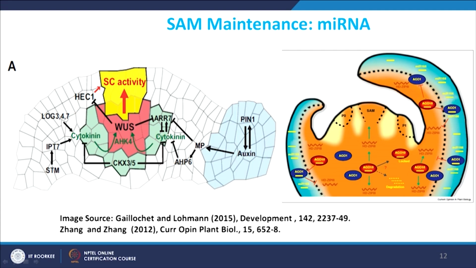Towards the adaxial side, it has a high amount of HD-ZIP and a low amount of microRNA. So even the gradient or the amount of microRNA and a particular transcription factor regulated by microRNA are very important in positioning the stem cell activity and organogenesis together, and in maintaining a coordination between stem cell activity as well as organogenesis. So, we will stop here.